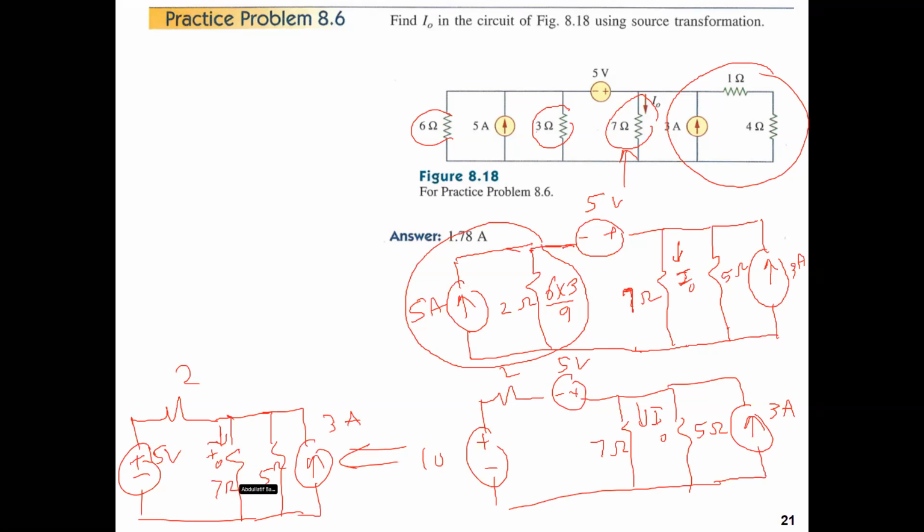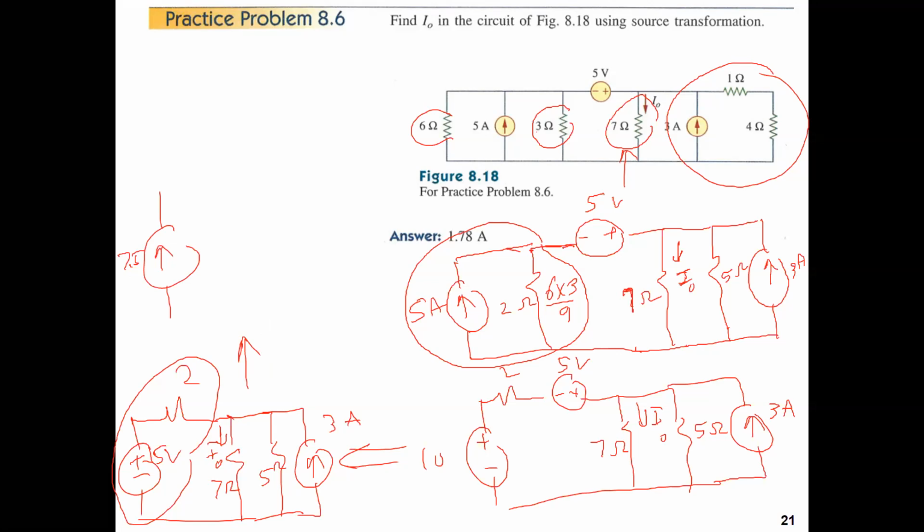Now the last step is to make source transformation to the voltage source into current source, and then we combine the current sources and we combine the resistors in parallel, except the 7 ohm resistor. Okay, so let's redraw the circuit here. We draw the current source again, which is 15 divided by 2, 7.5.